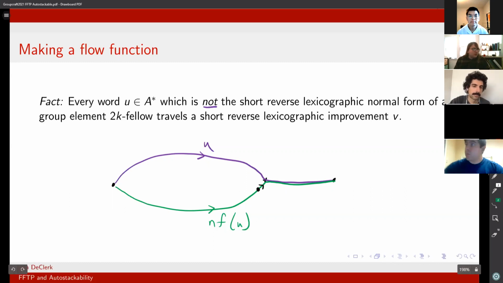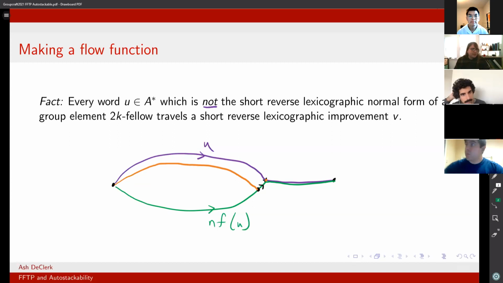So what can we do? We can say, let's find a nice path from the identity to this point, to basically u up to this common boundary, followed by the last edge of the normal form reversed.